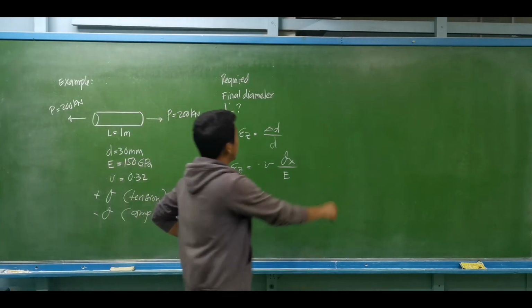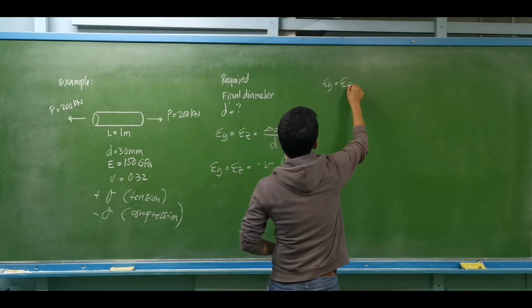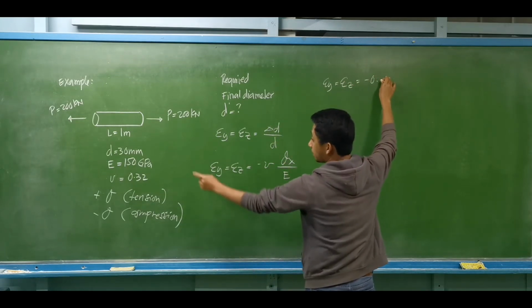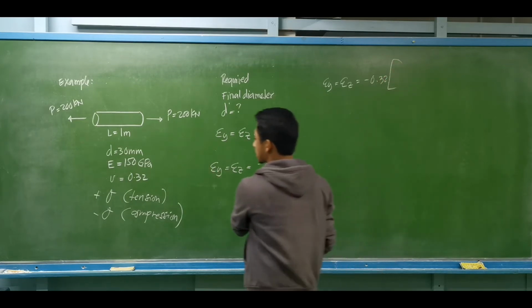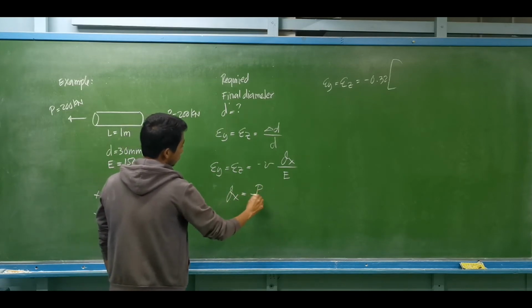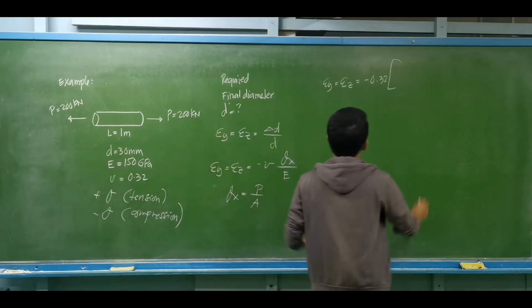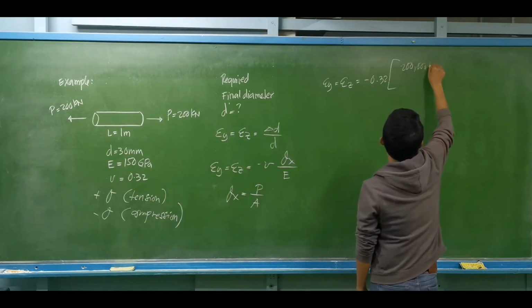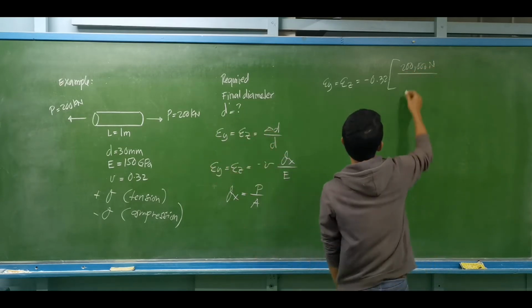So we have now the equivalent of the strain along Y or the strain along Z is equal to negative, our Poisson's ratio, negative 0.32. So what is the equivalent of stress along X? The stress along X is the force divided by the area. So that is the force, what is our force? We have 200,000 newtons. This is divided by the area, the diameter is 30 mm.